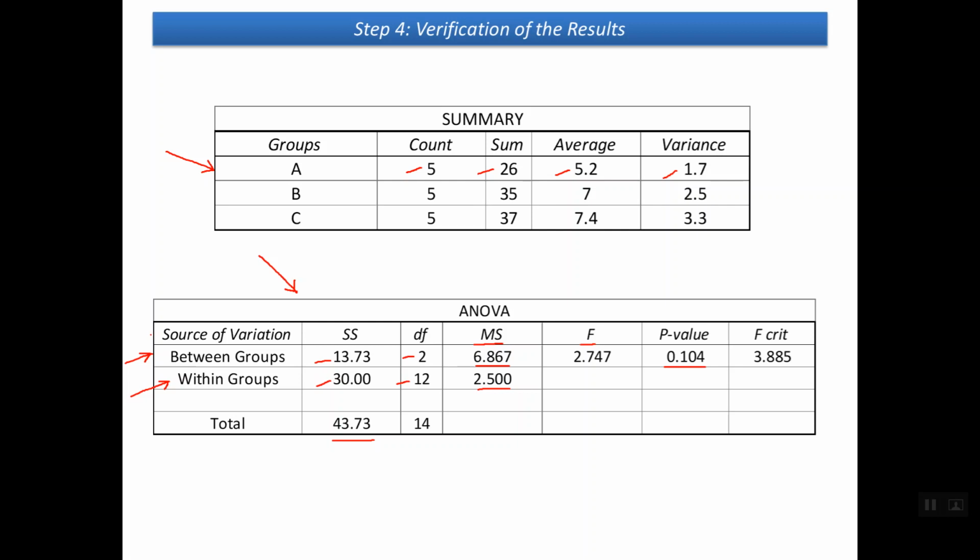So the probability is greater than 5%, and also greater than 2%, 1%, and 10%. So we don't have any significance here, simply because the value of F is less than the F critical.